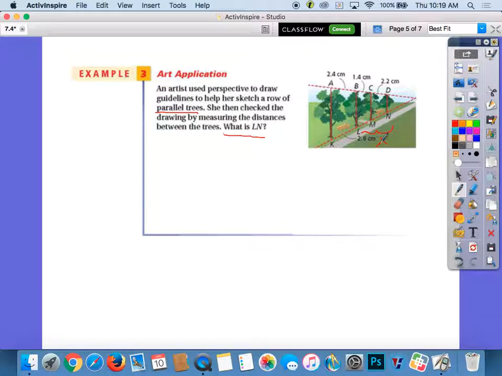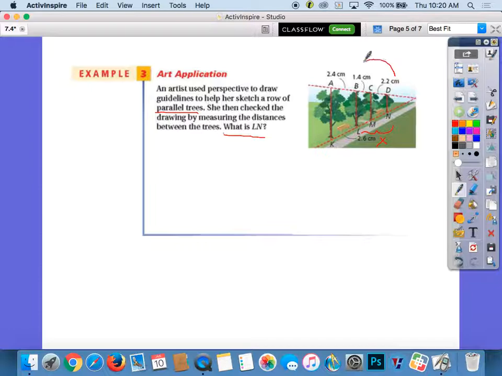Well, I know that because these are parallel, this over this is going to equal this over this. However, I don't know what this is. And I also know that this over this is going to equal this over this. I also have a big, huge segment that I can use. So this over this is going to give me this piece over this piece. So you kind of have to play with the puzzle there a little bit.